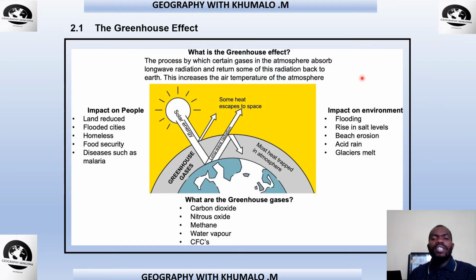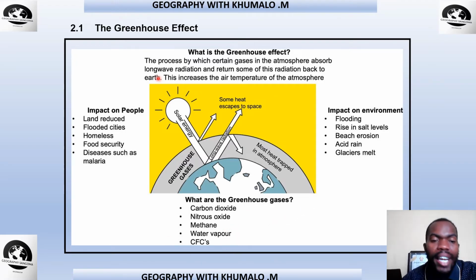So that is the greenhouse effect. It's a process where certain gases of the atmosphere absorb long wave radiation. So these gases absorb heat. And what are those gases? We call them the greenhouse gases. What are examples of the greenhouse gases? That is carbon dioxide, nitrous oxide, methane, water vapor, and CFCs, which are chlorofluorocarbons.